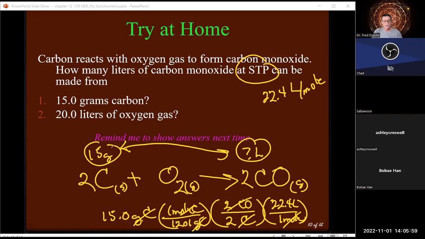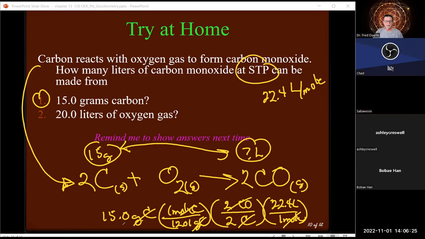So let's double check. We've got the balanced chemical equation. Okay, taking that from what we read, we balanced it out. Then we identify what the question is asking us. We want to know if we start off with 15 grams of carbon, how many liters of carbon monoxide do we make?